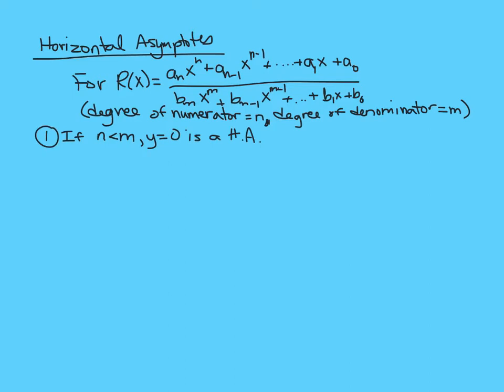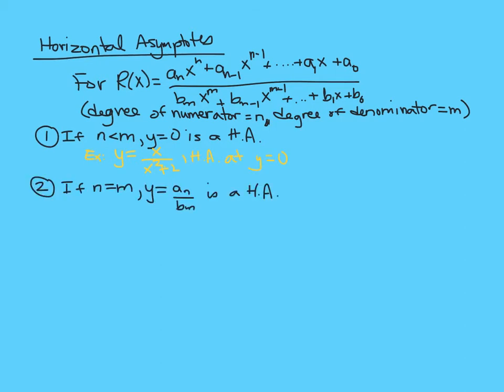The first rule is if the degree of the numerator is less than the degree of the denominator, y equals 0 is a horizontal asymptote. For example, if you have y equals x over x squared plus 2, that one has a horizontal asymptote at 0.